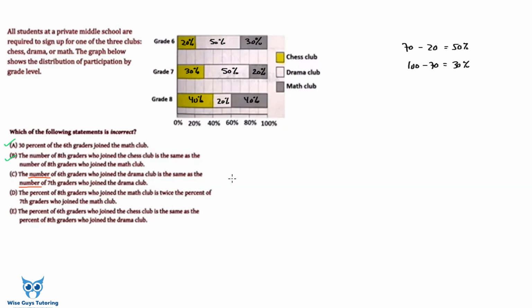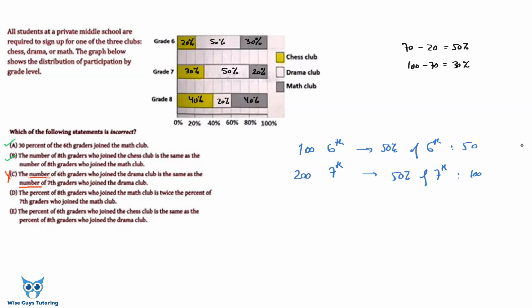What if I have 100 6th graders? 50% of them is just 50 people. But what if I had 200 7th graders? 50% of them is 100. So while the percentage is the same, we don't know what the numbers are. So C, you're fired. Boom.